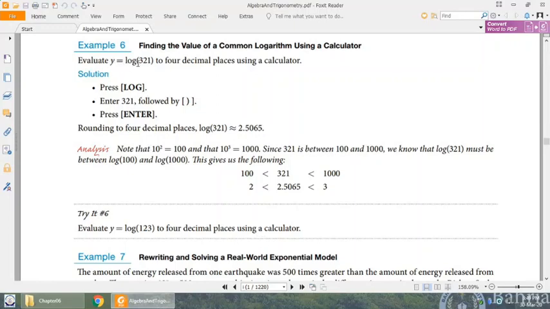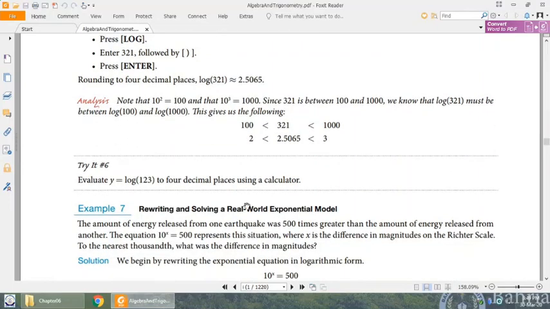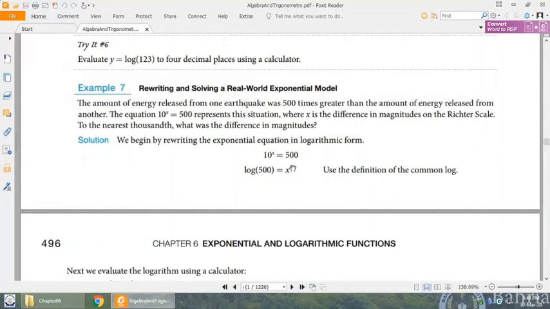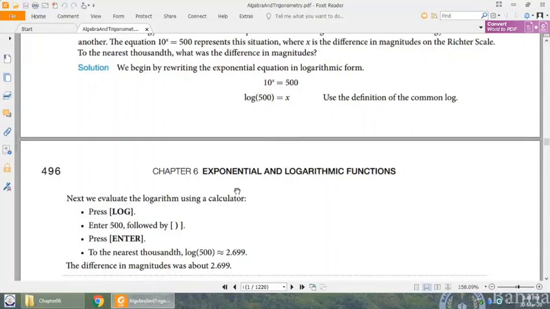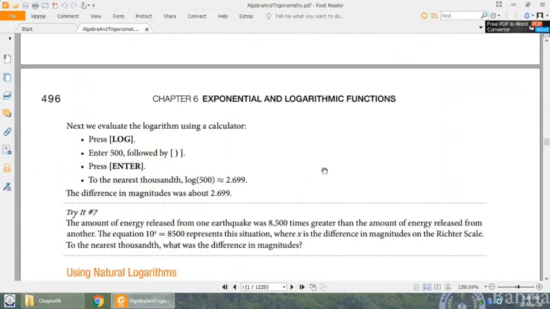Since it's a common log, we could use base 10 in this case, and estimate that it was between 2 and 3. We have done this: 10 raised to power x is equal to some value, 500. We can't really assume which values it lies between, because it's again from 10 squared to 10 cubed. So that would be between 2 and 3, and it's going to be 2.7.